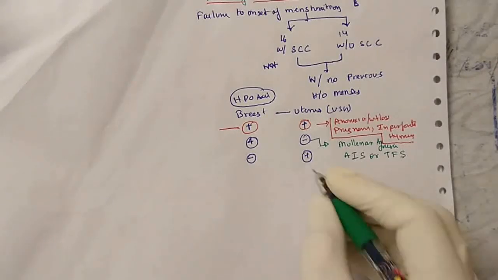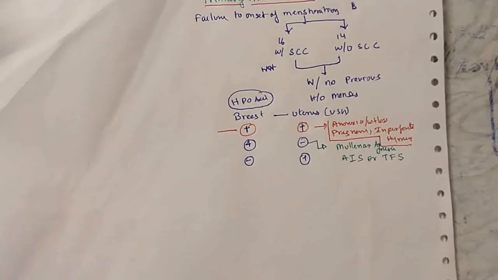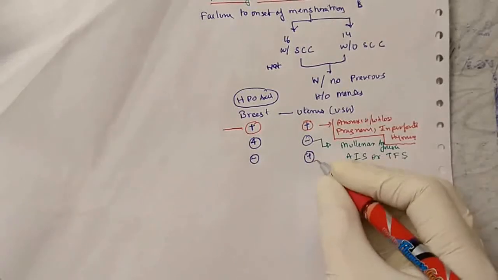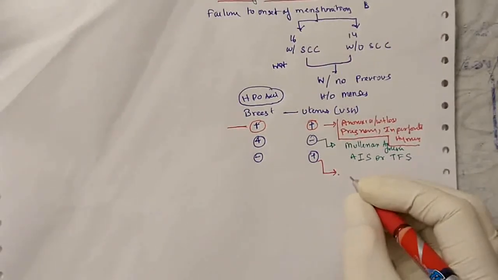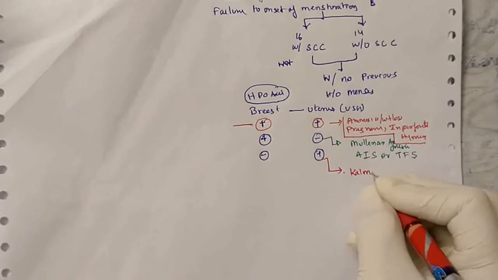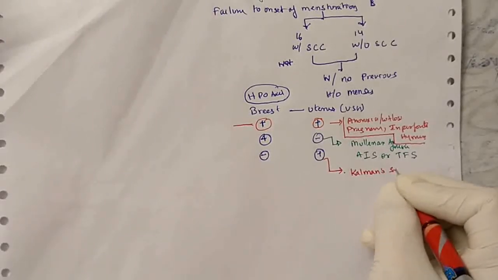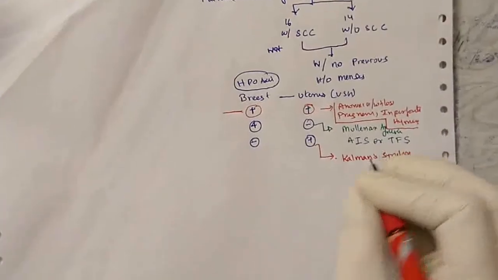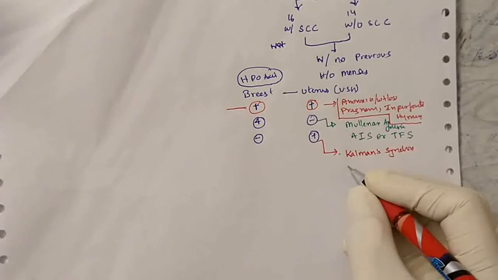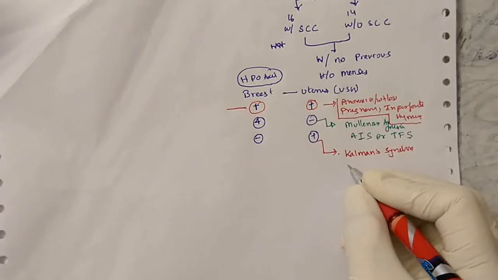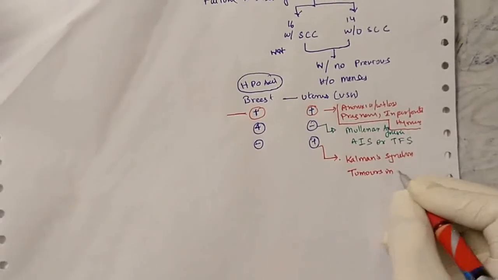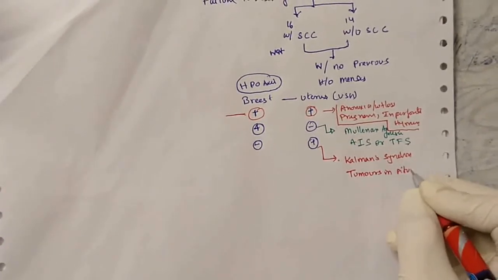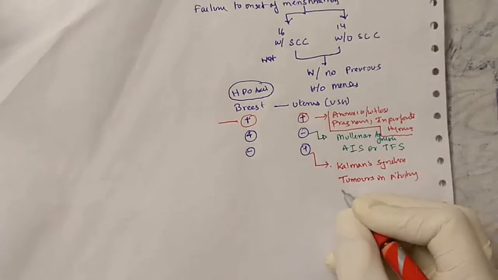And if breast is absent and uterus is present, then the causes are Kallmann syndrome, or tumors in the pituitary, space occupying tumors like craniopharyngioma, or Turner syndrome.